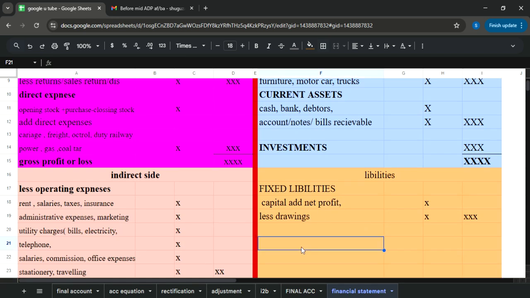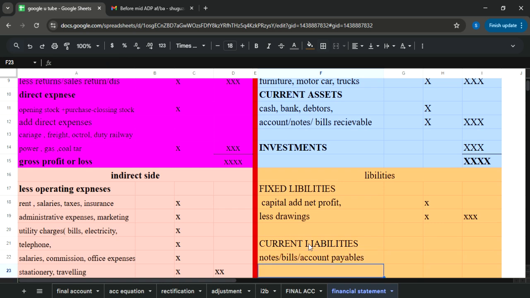Then you will write your current liabilities. Current liabilities means you are liable to pay within shorter period of time. This would include notes or bills or account payables.